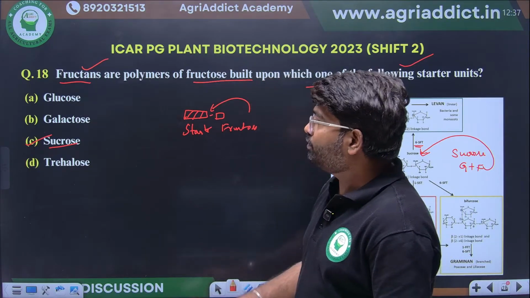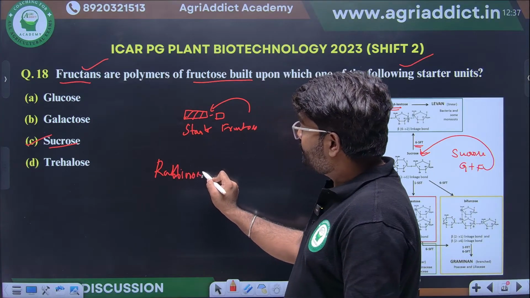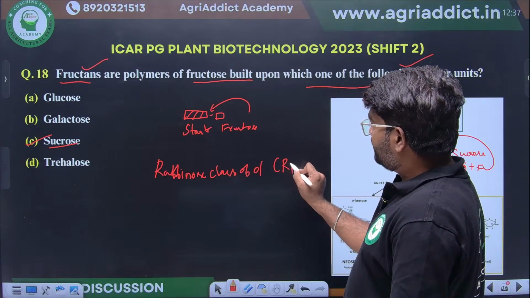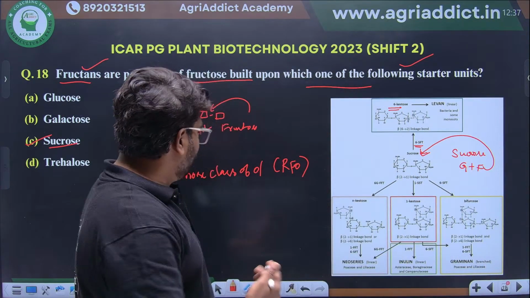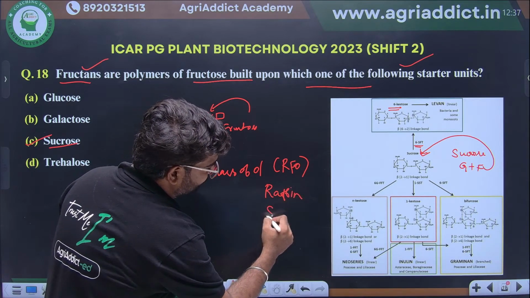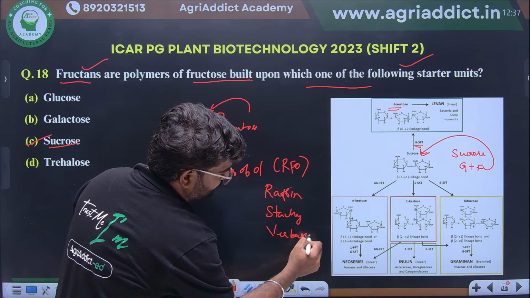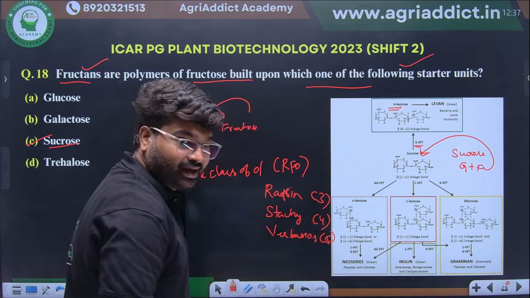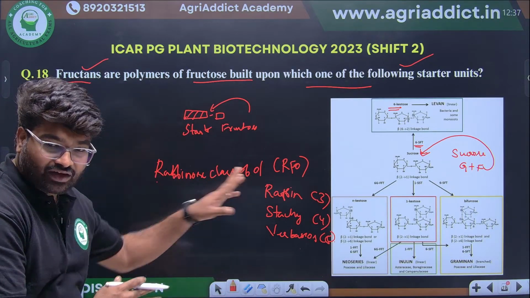Then another thing I want to say, raffinose class of oligosaccharides, RFO. Raffinose is a trisaccharide. We know raffinose, stachyose, verbascose: trisaccharide, tetrasaccharide, pentasaccharide. These are known as raffinose class of oligosaccharides.